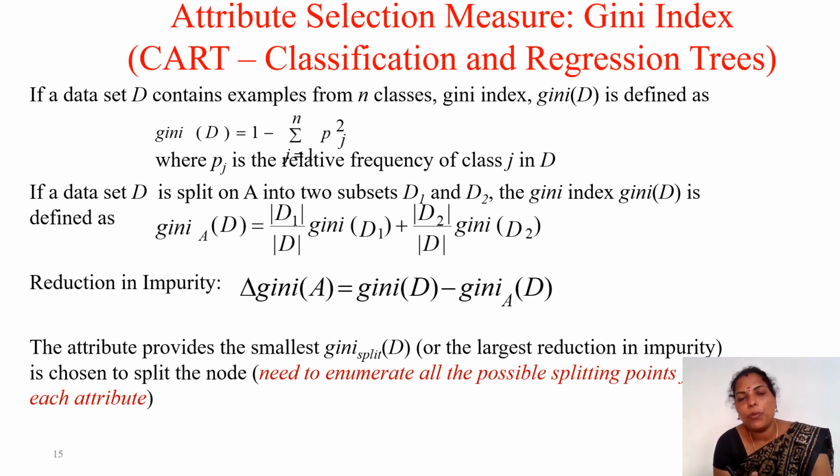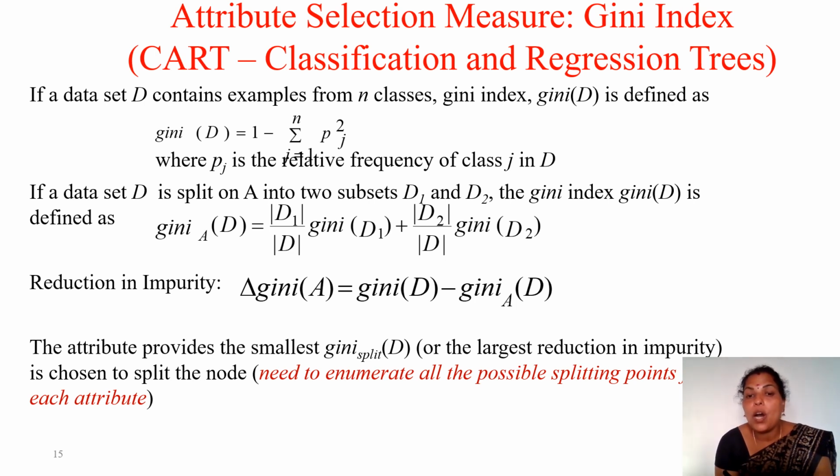Then the reduction in impurity is delta Gini of A, that is Gini of D minus Gini A of D. The procedure is the same, only the attribute selection measure varies. The attribute that provides the smallest Gini split, or the largest reduction in impurity, is chosen to split the node. We need to enumerate all possible splitting points for each attribute.